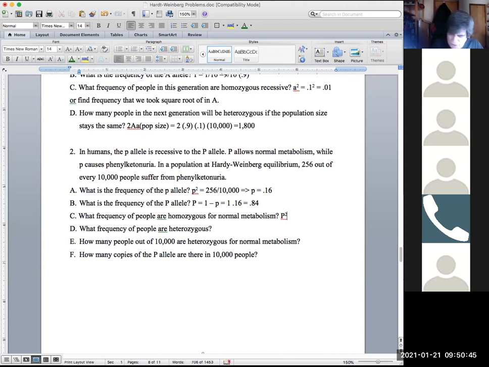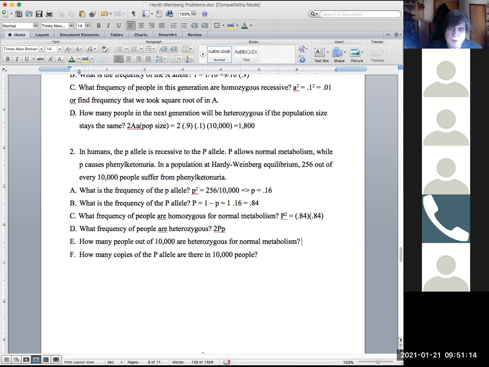So this is going to be 0.84 times 0.84. What frequency of people are heterozygous? So this is going to be 2 big P times little p.